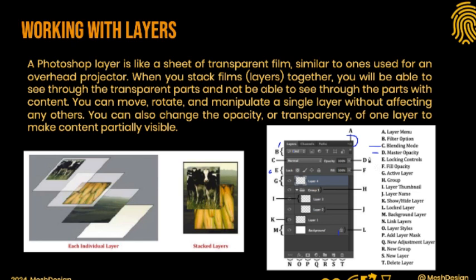Let's say we have this text here, and we want to decrease the transparency of the text, but we just want the inside part of the text to be transparent, and we still want the border around it.